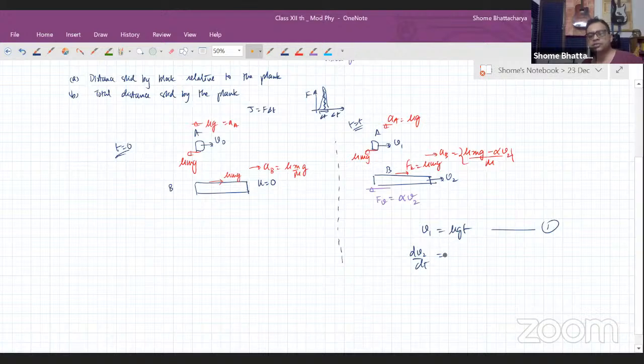So V2 as a function of time is such that the rate of change of this is this. So this equation is of this type.